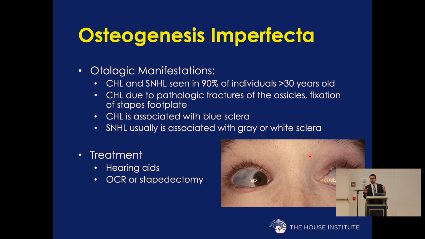So if you see a patient walking into your office and the white portion of the eyes looks blue, and they have a conductive hearing loss, and if they're a kid, maybe their bones look a little weird, or they have a cast over their arm, suspect this condition. This is essentially treated just like any other condition. You can fit them with hearing aids, and if it is just a stapes fixation, then you can consider stapedectomy, or in terms of other ossicle involvement, you can consider surgery.